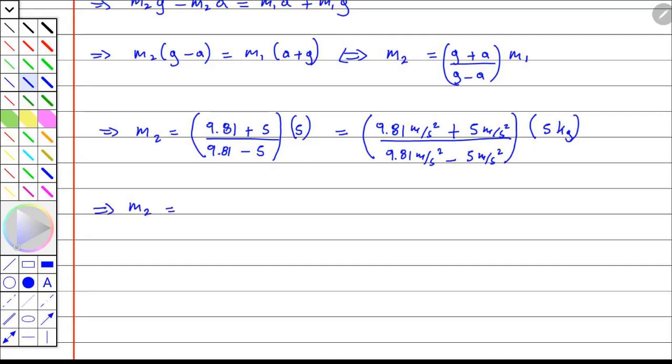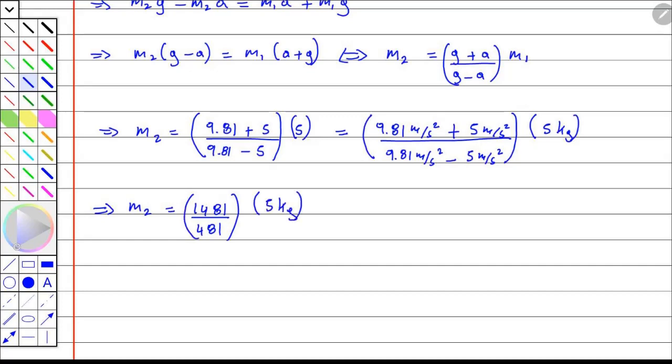M2 now is equal to 1481 divided by 481. This is a dimensionless fraction because, as you remember, here we're dividing meters per second squared divided by meters per second squared. So all of the units are eliminated, and so we are left with a dimensionless fraction times 5 kilograms.